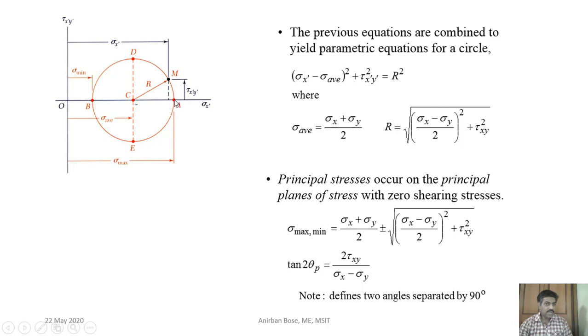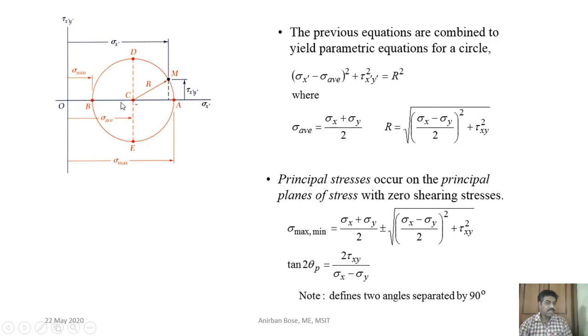So point A indicates a particular orientation where the normal stress is maximum and the shear stress is 0. On the other hand, at point B the shear stress is again 0 because the ordinate is 0, and the normal stress is minimum.